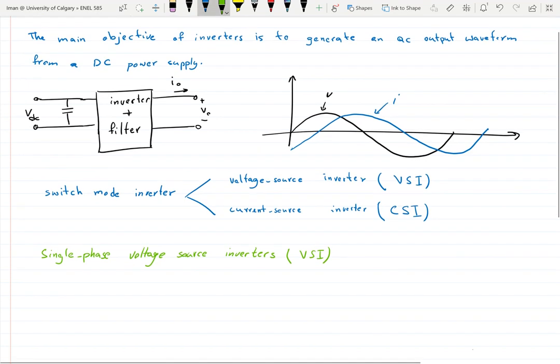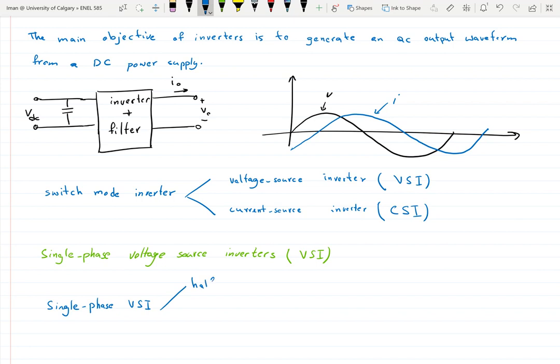Two types of these inverters that we're going to investigate are the half bridge and the full bridge. In this lecture, we're going to explain the half bridge.